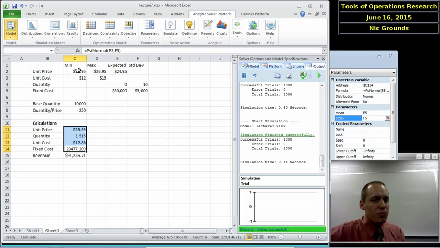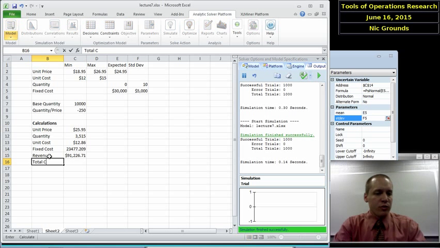So the price was a triangle distribution, the cost was a uniform distribution, quantity was something computed based on price plus a normally distributed random term, and then the fixed costs were normally distributed. Once I had those four things computed, I can compute overall revenue, which is the unit price times the quantity.